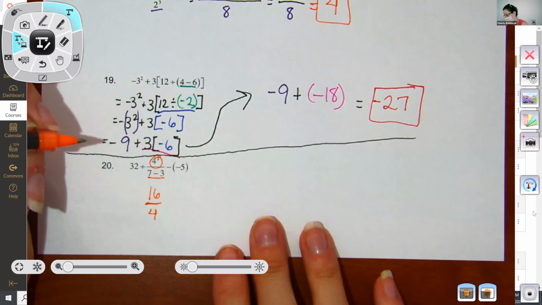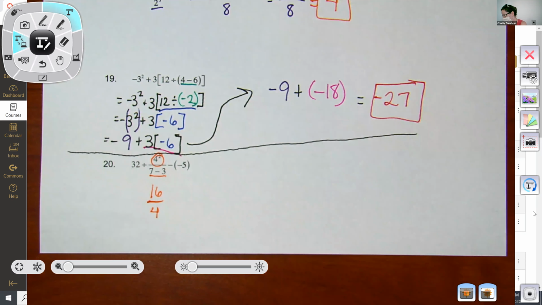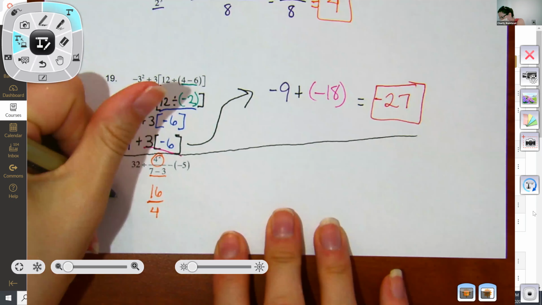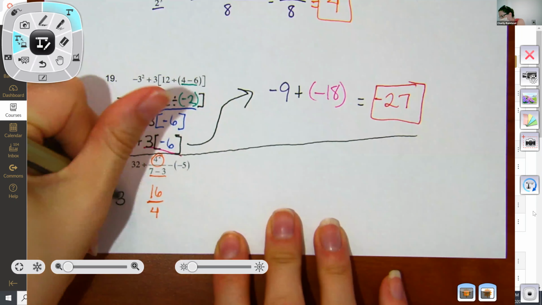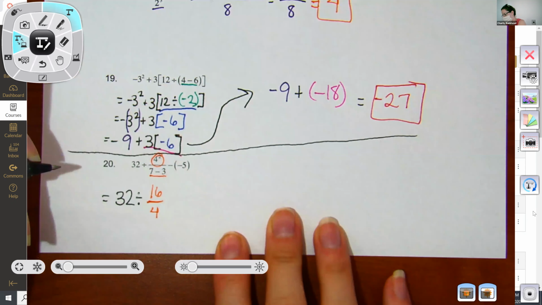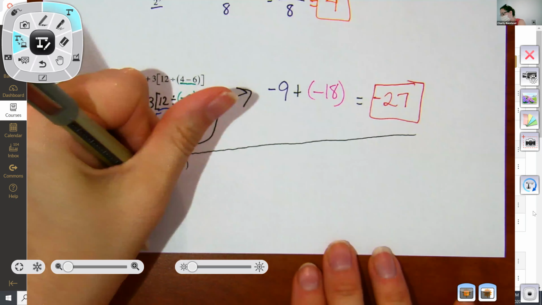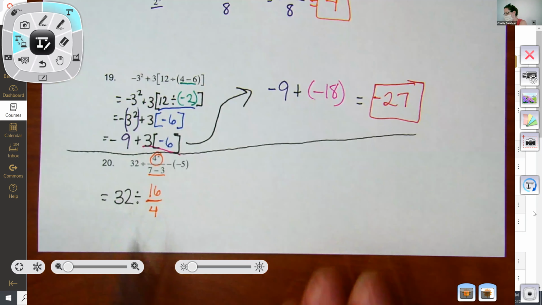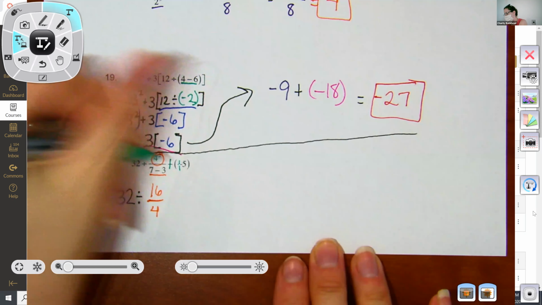I'm going to bring everything else down. So 32 divided by 16 over 4. And then minus a negative, I want to change that to a plus. So I'll just change that to +5.